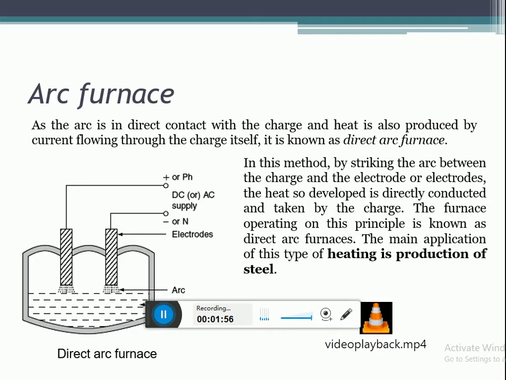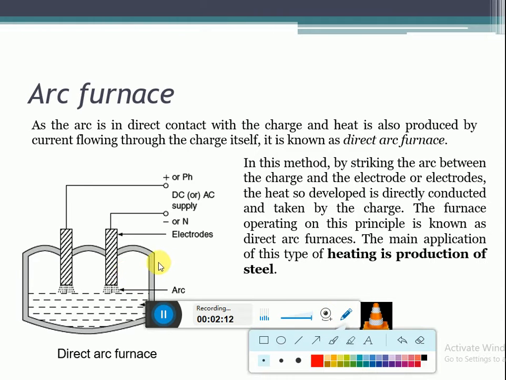If I connect the electrodes to the supply and place them in one chamber, here you can see the figure.